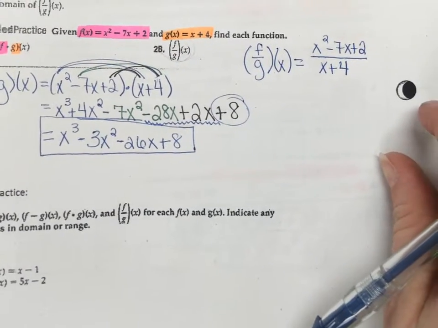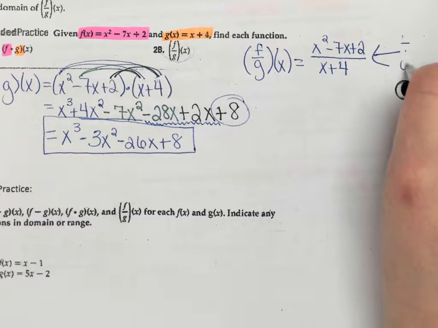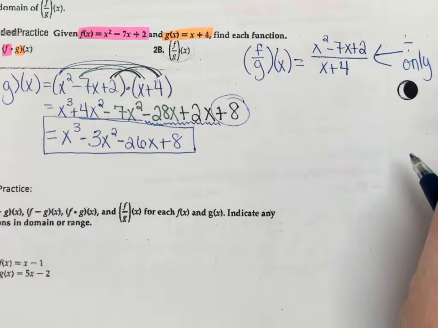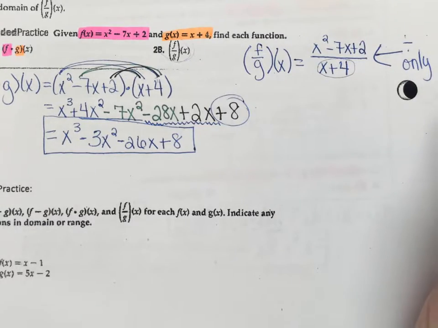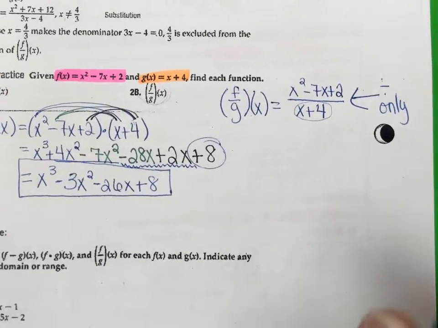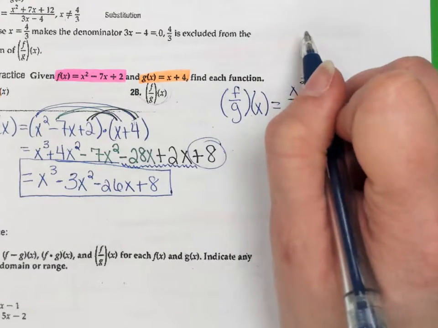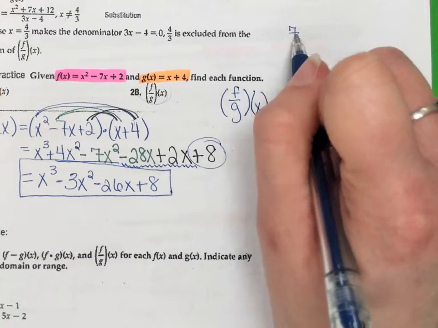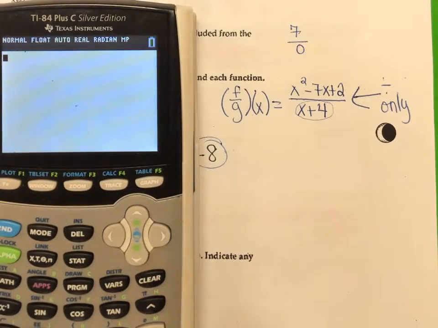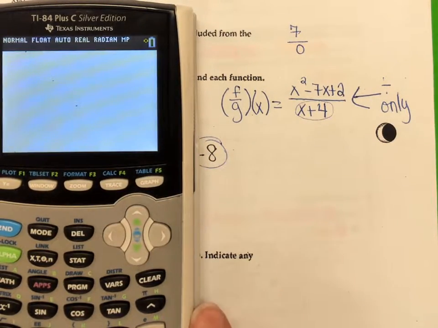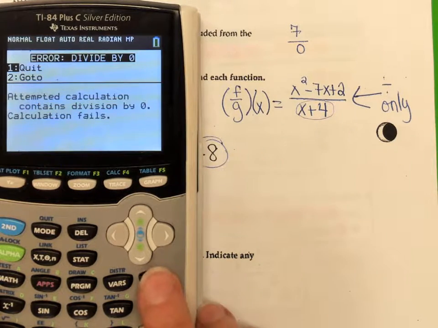With a fraction, and only with a fraction, so with division only, you have to see what makes the bottom equal to 0. Because think about this, you cannot have a 0 on the bottom of your fraction. So if you pick any number you wanted to, let's pick 7. If you put it over 0, now use your calculator, 7 divided by 0, and it's going to give you an error of some kind, okay? You cannot have 0 on the bottom.